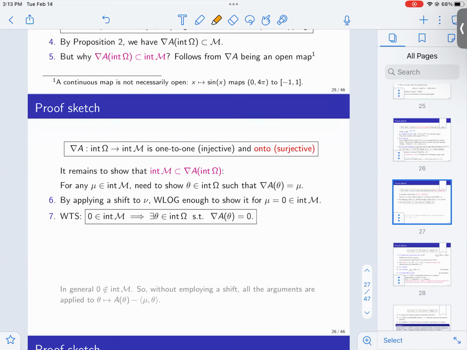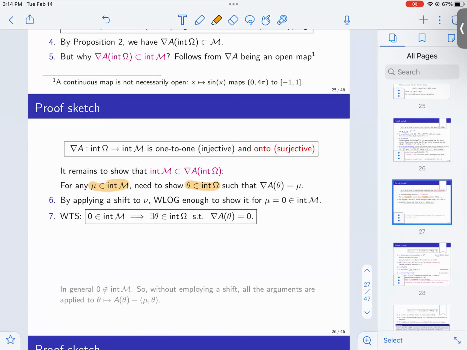In order to show the onto part, I have to take a mu in the interior of M and show that there is a theta in the interior of omega such that the gradient of A applied to theta is equal to mu. So pick anything in the set of realizable means, mu. There exists a theta such that the gradient of A at theta is equal to mu.